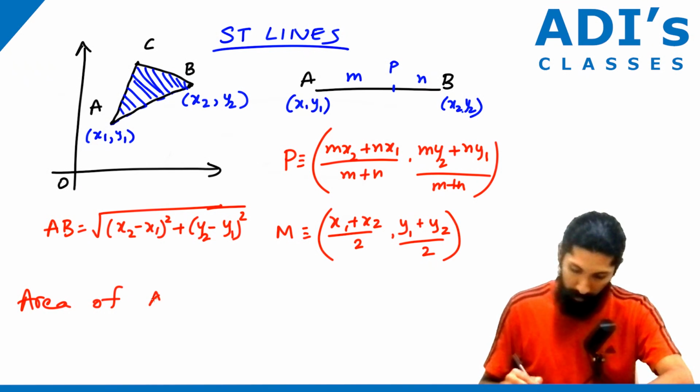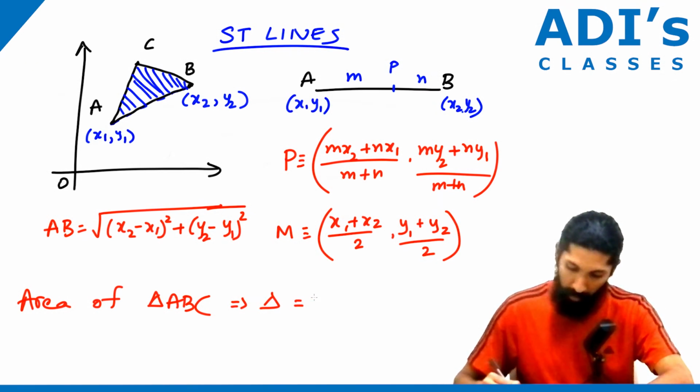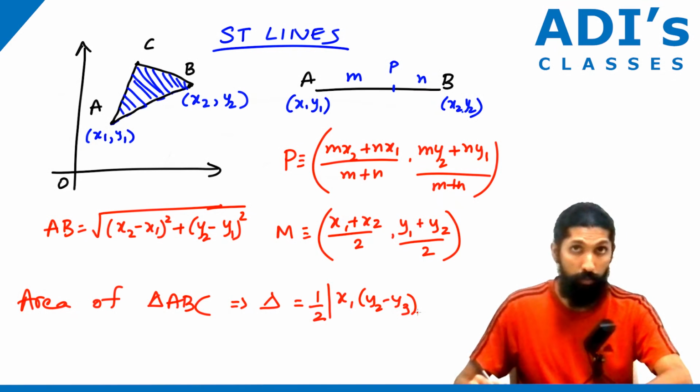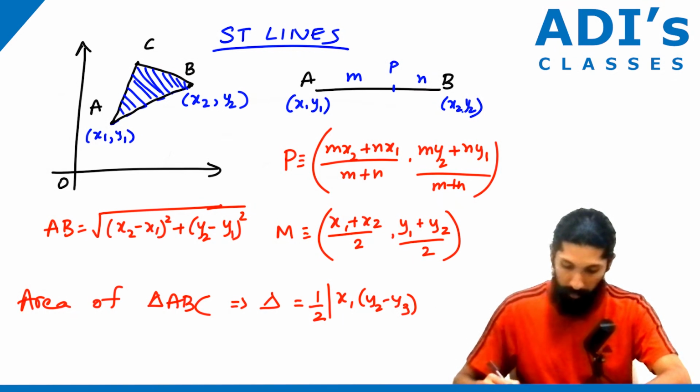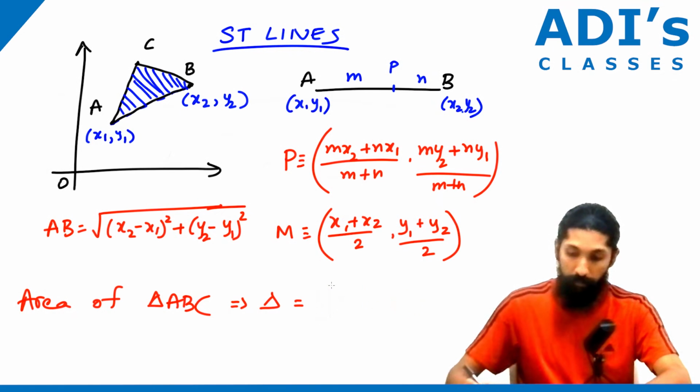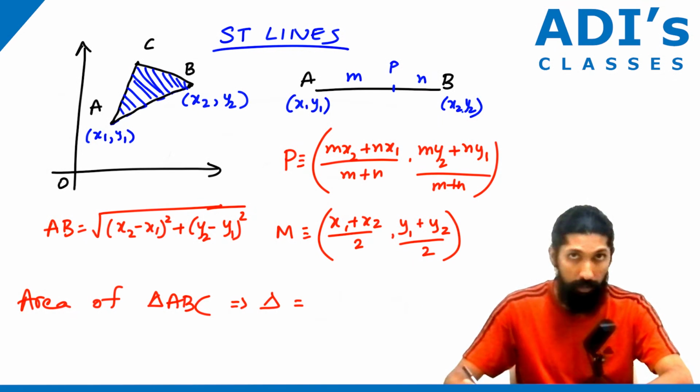of triangle ABC is given by delta is equal to half into mod of x1 into y2 minus y3 plus x2 into this. It keeps on going. So generally what we write here is that instead of writing this whole thing, we can write in the form of sigma. That makes more sense.